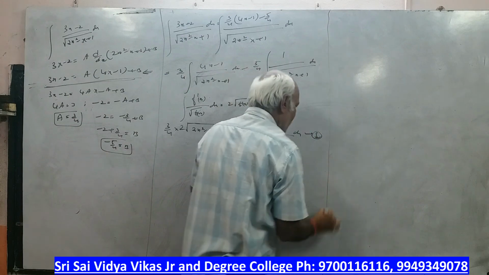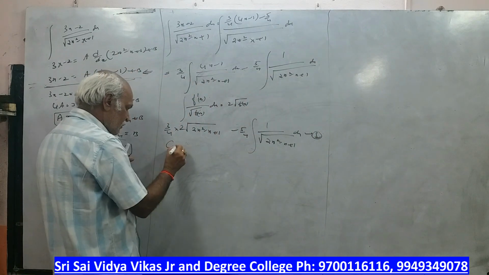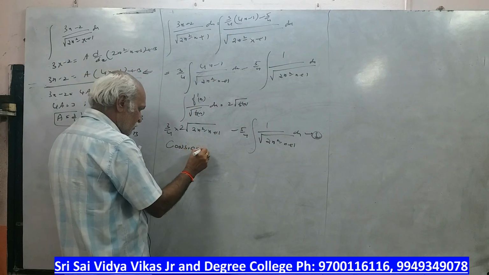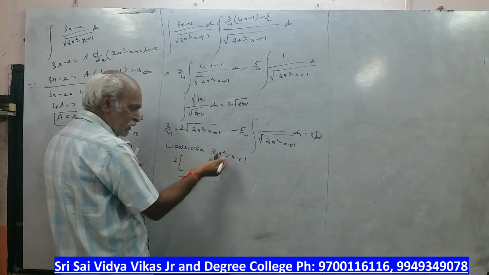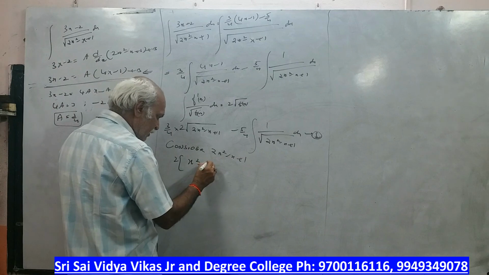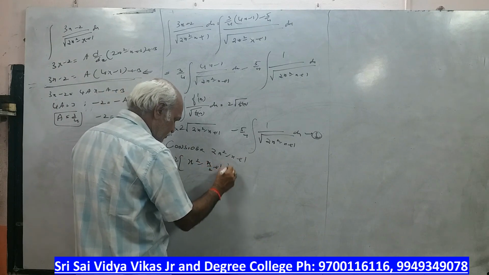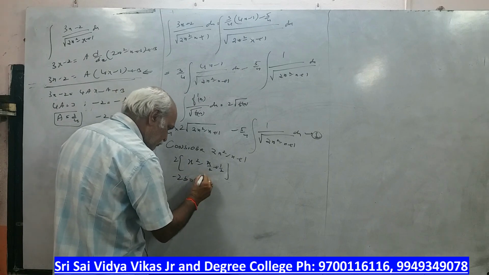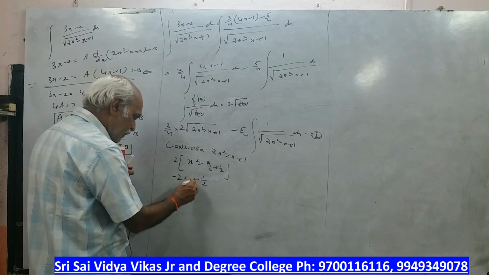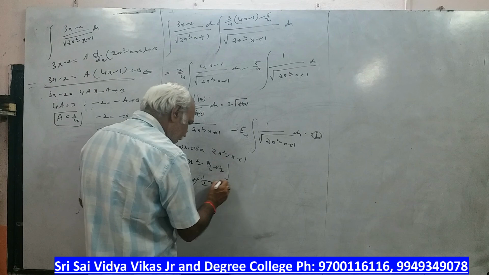Observe again, I am going to same procedure. Consider 2x square minus x plus 1. Now take 2 common only, there is no minus sign. So x square minus x by 2 plus 1 by 2. So 2b is equal to minus 1 by 2. Here only x coefficient, so minus minus will get cancelled. b is equal to 1 by 4.